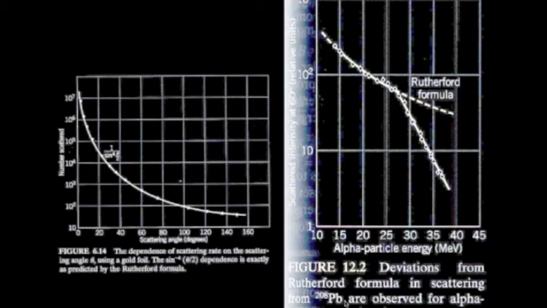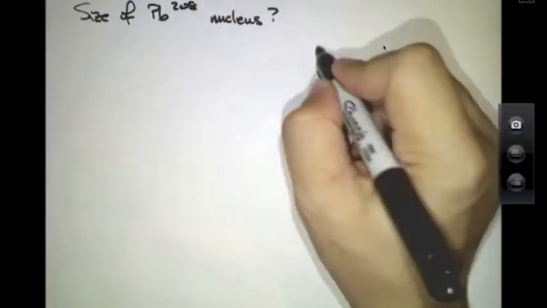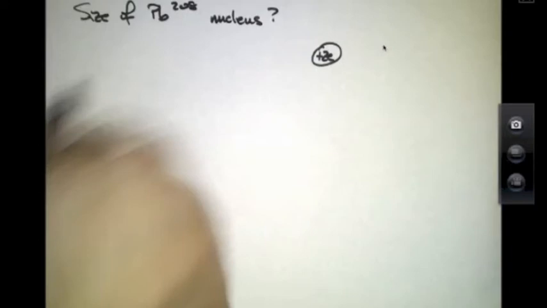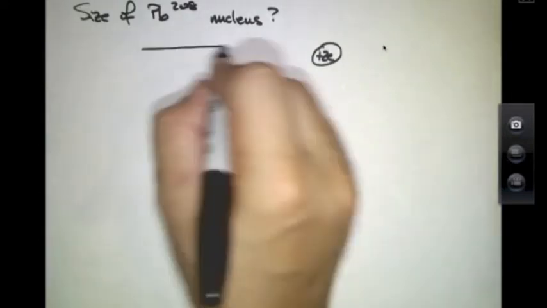And that's something I'll ask you to do now, is calculate the approximate size of the nucleus given this kinetic energy of 27 MeV, where one sees the departure from Rutherford scattering. Now the picture here is that I have an alpha particle zooming in.